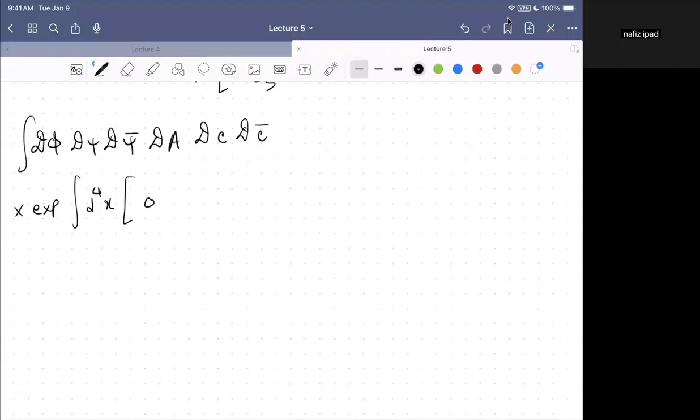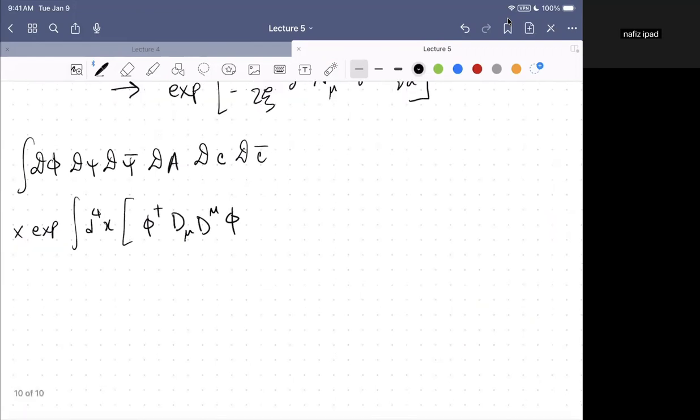I'm not going to worry about factors of half and so on. It involves the kinetic term for your scalars, for the bosons, the kinetic term for your fermions, the potentials for all of your fields, the pre-existing fields.